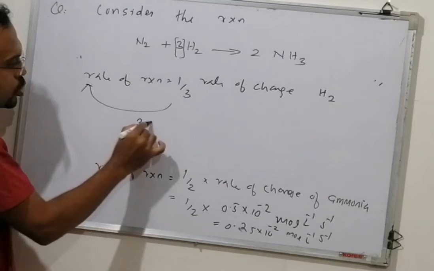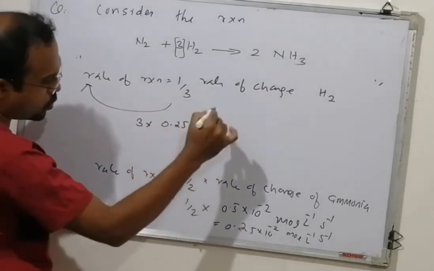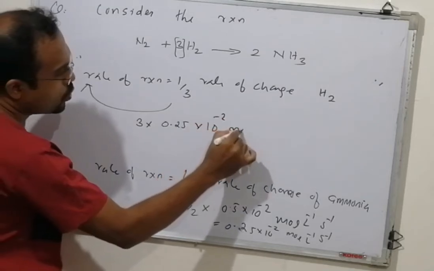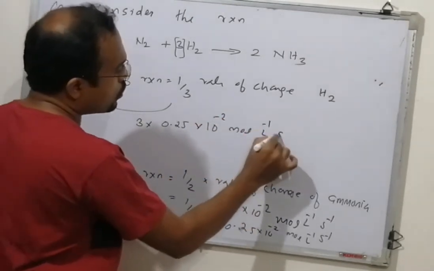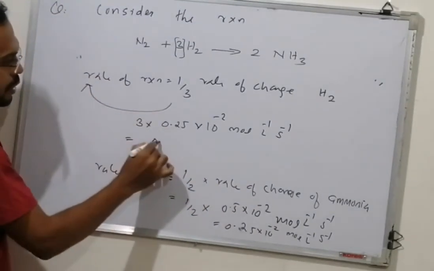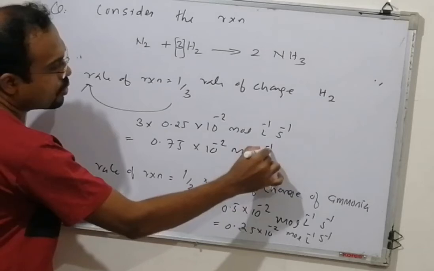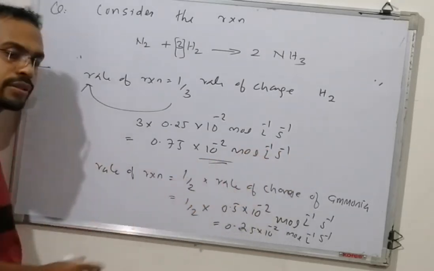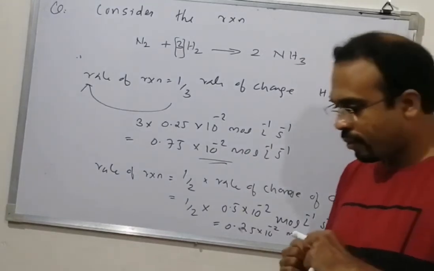That is 3 into 0.25 into 10 raised to minus 2, which is 0.75 into 10 raised to minus 2 mole liter raised to minus 1 second raised to minus 1. This is the answer. Very simple. Do you have any doubt? No.